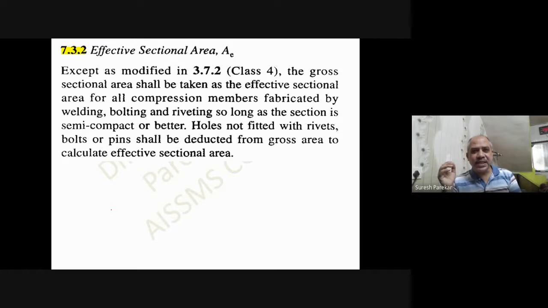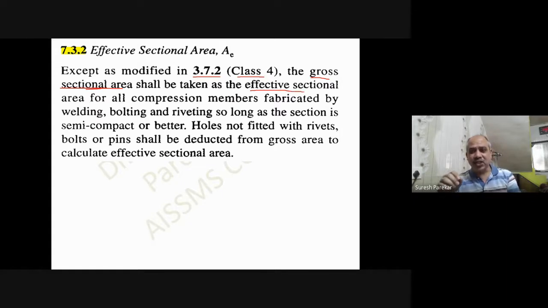Now first we will see the effective cross-sectional area, which is given in 7.3.2, and they have clearly mentioned that except class 4, which is given in 3.7.2, our gross sectional area is equal to the effective sectional area.